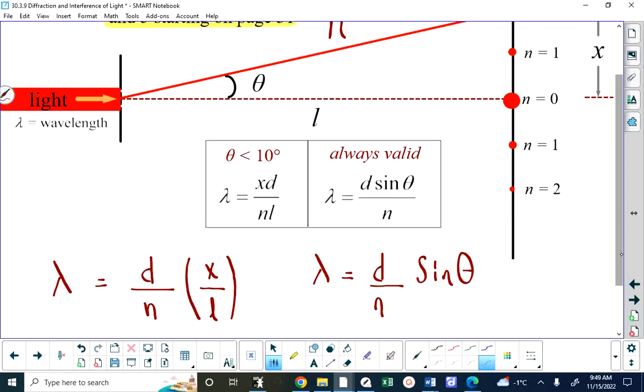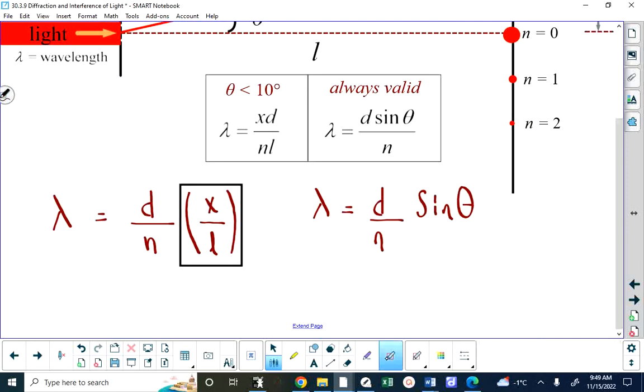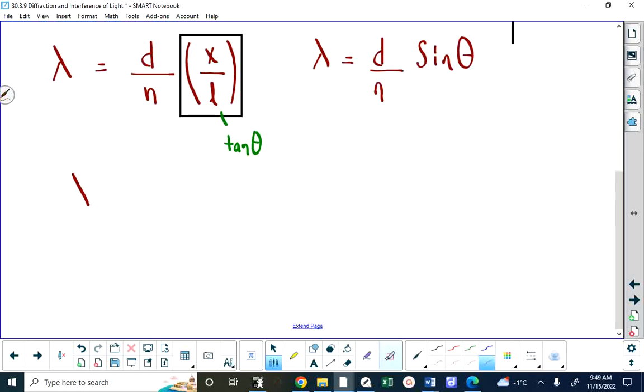L is the adjacent side. So this, take a gamble. Nope, shouldn't have done that. That, x over L, is not sine of theta. That is tangent of theta. Isn't it? It's opposite over adjacent. So what this formula that is not a great formula is d tan theta over n.